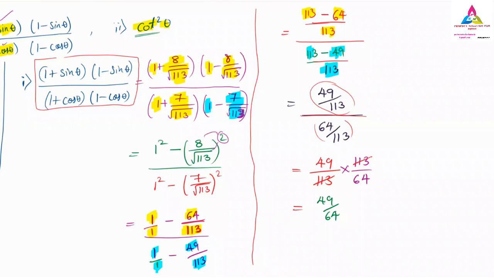So if you want, you can write it down once again: 1 plus sin theta into 1 minus sin theta, whole divided by 1 plus cos theta into 1 minus cos theta, is equal to 49 by 64.